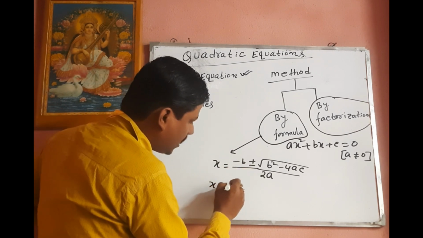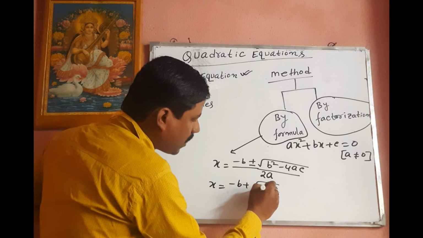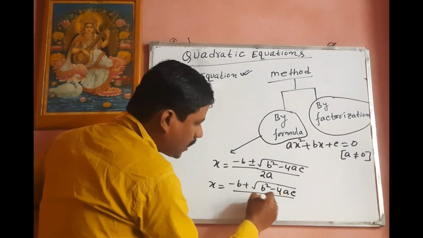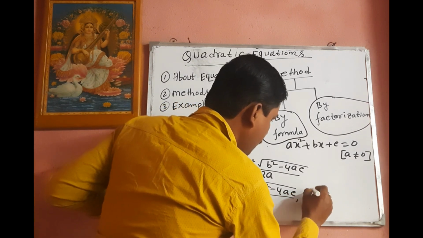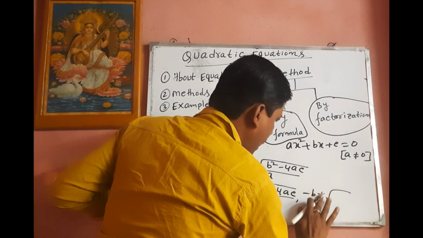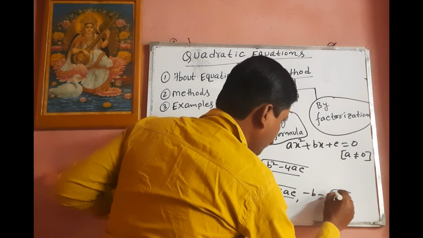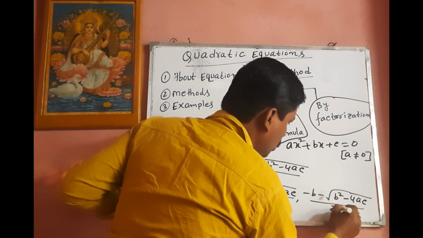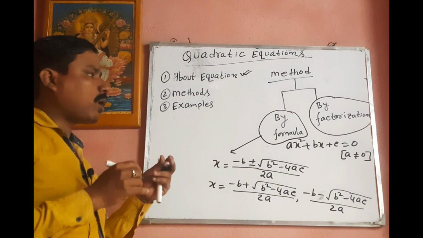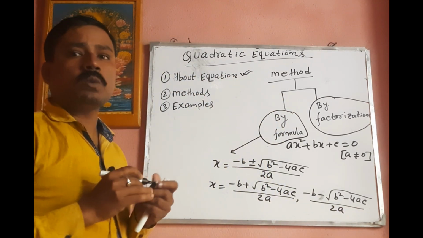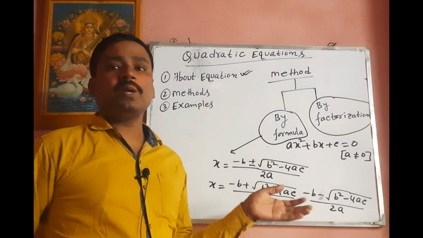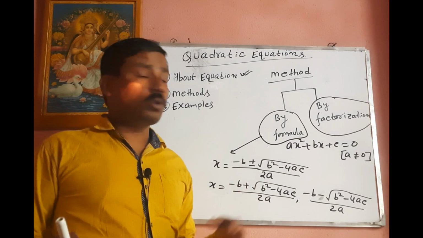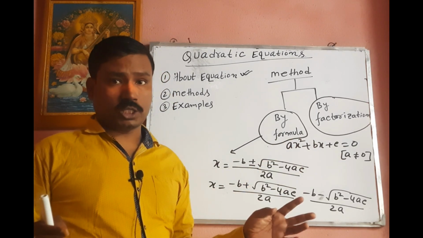So x is equal to minus b plus root of b square minus 4ac by 2a, and similarly another root is minus b minus root of b square minus 4ac by 2a. This formula has a unique name, Sridharacharya formula.